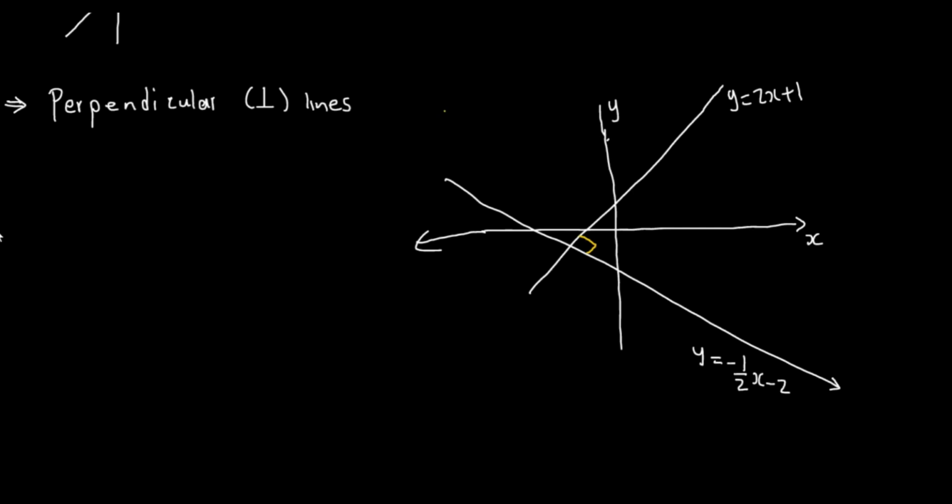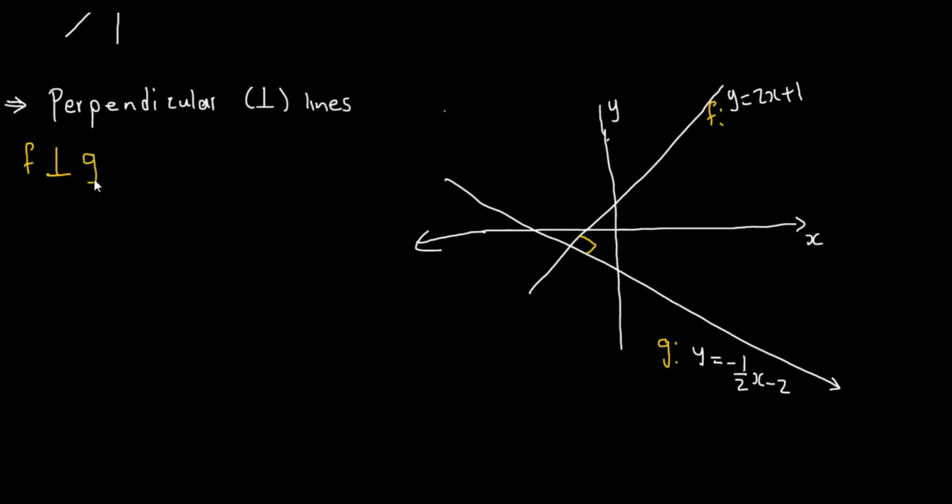So let's call this f and let's call this g. We can see that f is perpendicular to g.